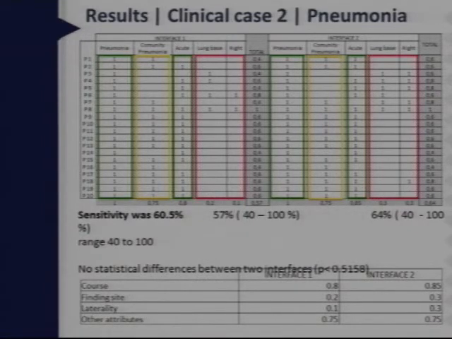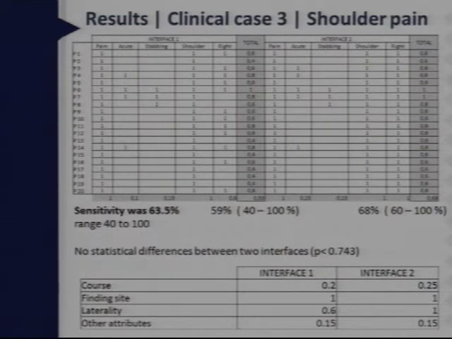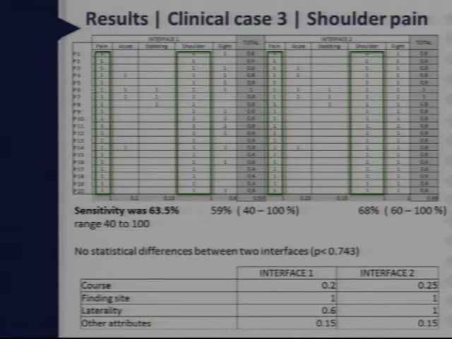If you take into account the new case, clinical case 3, it is a shoulder pain. Sensitivity was 63.5% with 59% for interface 1 and 68% for interface 2. Again, no statistical difference between the two interfaces. And if you take account of the details that physicians select, all the physicians choose that the clinical finding, that is pain, and the finding site, that is shoulder, are important to put into the problem list.